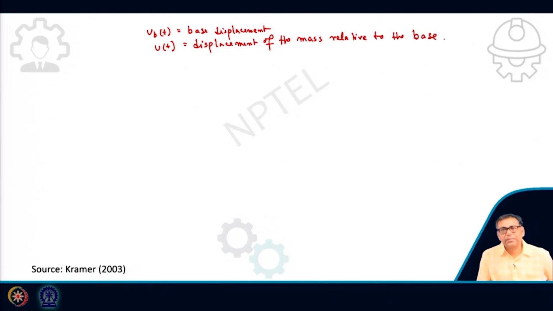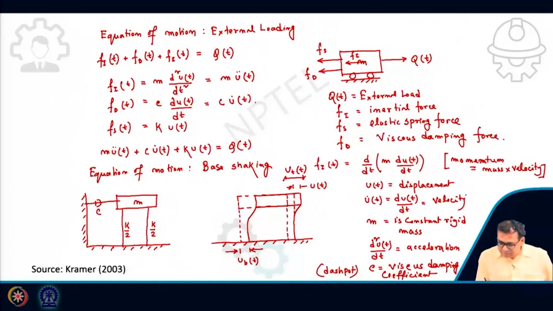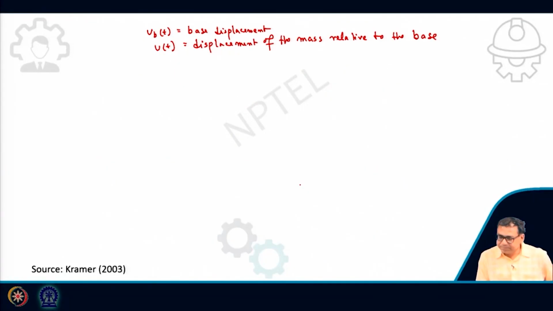That means it is the relative displacement of the mass with respect to the base. So, you can see this is the relative displacement, this is the total displacement, this is your base displacement.